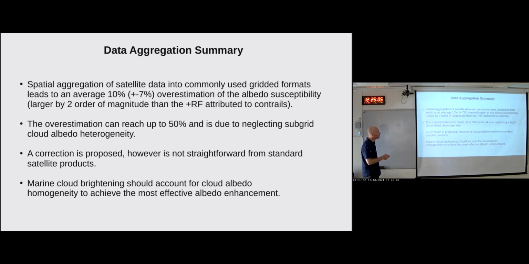This is larger by 2 orders of magnitude than the positive radiative forcing attributed to contrails. You know, thin clouds like contrails, those contrails in the sky from aircraft, they warm the climate. And there are studies trying to quantify this warming and showing that it is significant. But this 10%, even though it's 10%, is larger by 2 orders of magnitude than the warming due to contrails.